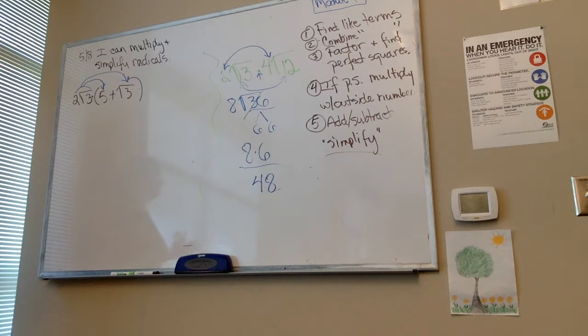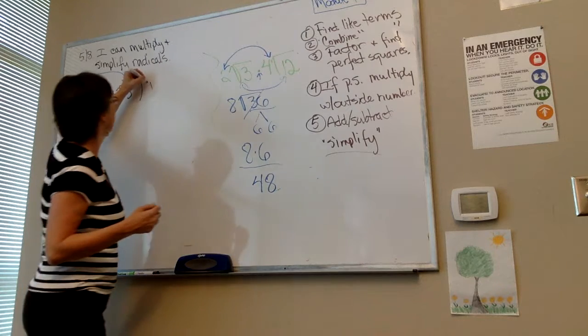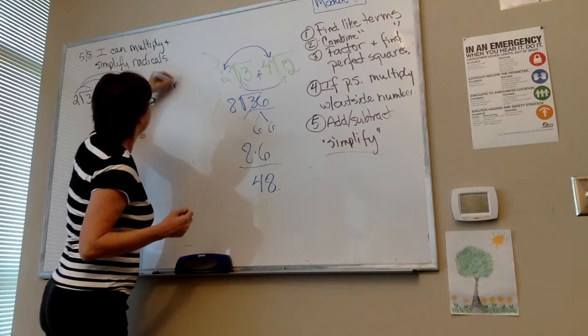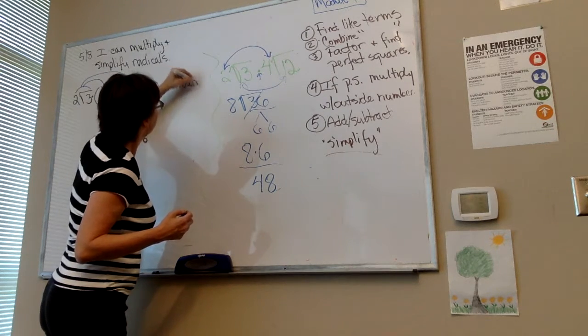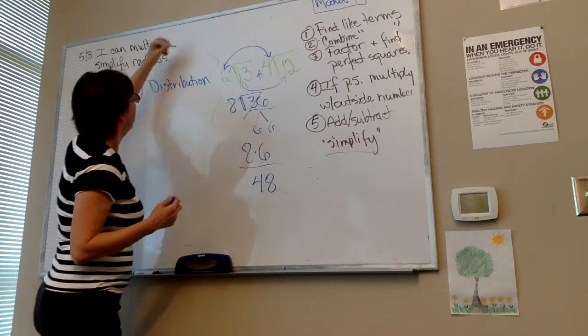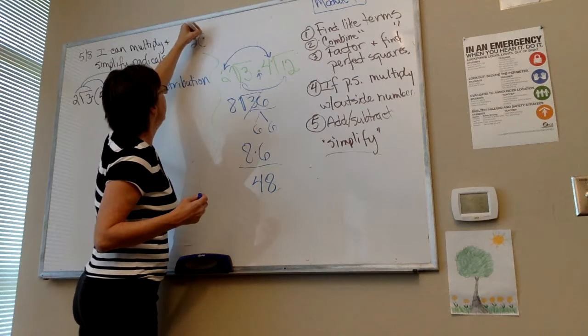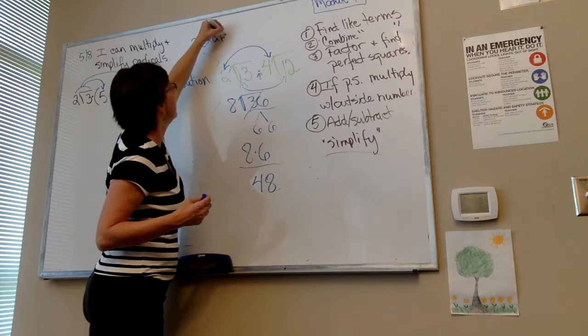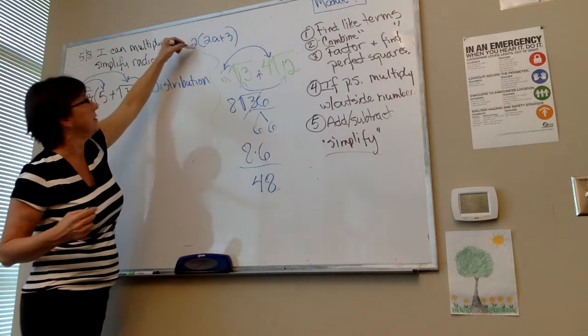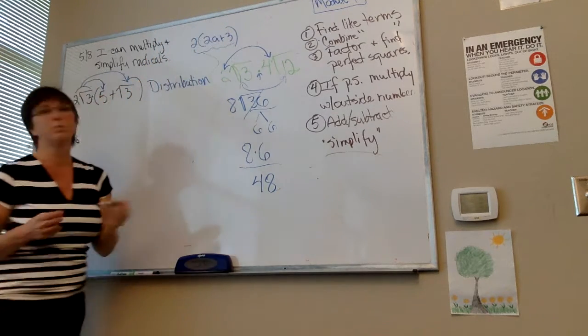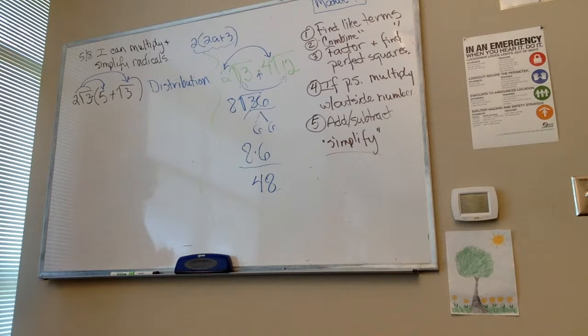This is another way of distribution. A lot of times when we see distribution, it looks something like this. That might be a more familiar pattern that you're used to seeing instead of the radical symbol.